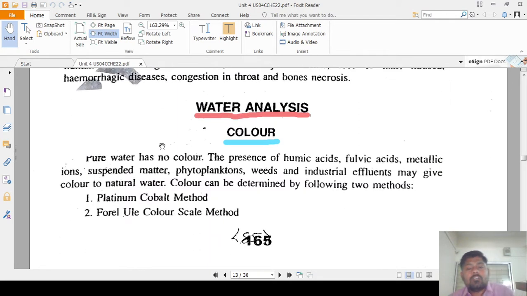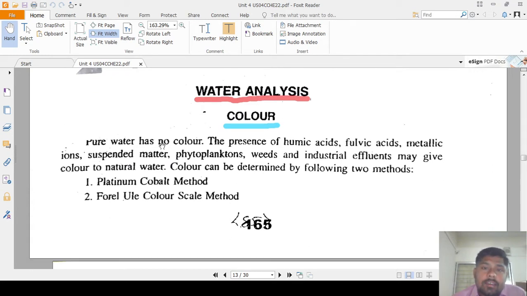Okay, the important topic here is water analysis: some physical or chemical properties by which we can measure the parameters, the purification, or the amount of pollution in the water. If the question is how you can determine how much pollution is there in the water sample, then you must determine some properties like color.